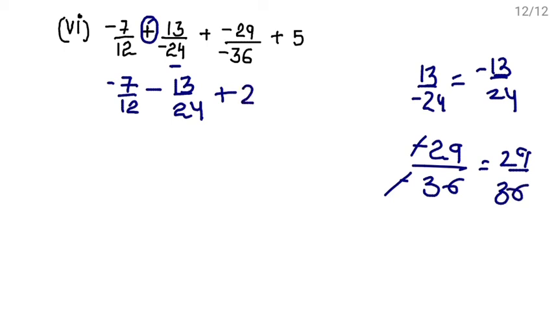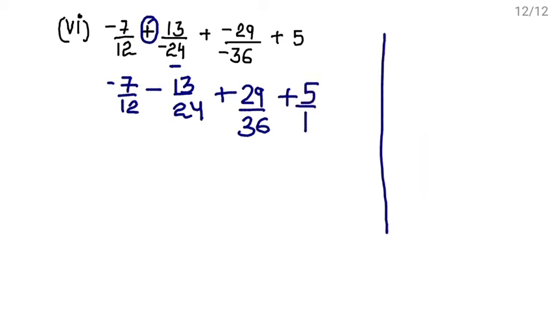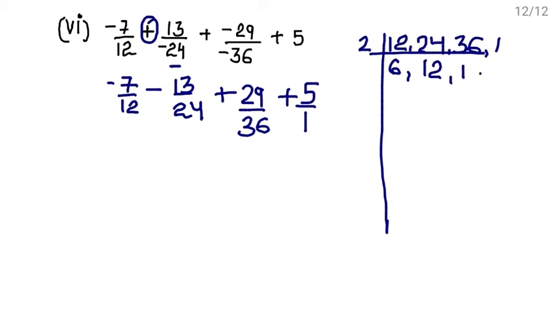So right here 29 upon 36, and this 5 can be written as 5 upon 1. As all these denominators are different, take the LCM of these denominators: 12, 24, 36 and 1. Dividing by 2: 6, 12, 18, 1.